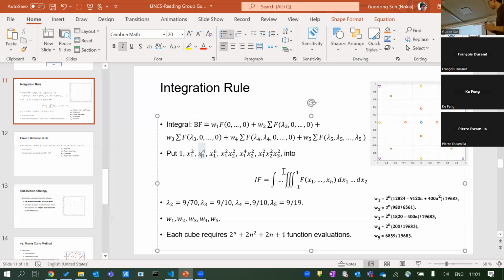So this BF is, in my understanding, an accurate value. They are not approximations. The value of the BF is, you put the basis x1 square, x1 power of 4 into this integral.